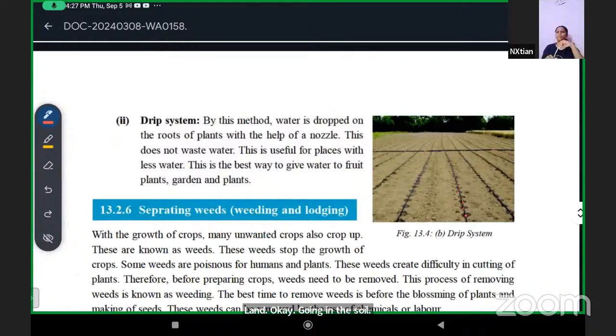Yes, ma'am. Once when I tried to make a drip system, I cut holes into the pipe, but the water didn't ever reach the top of the pipe. It didn't even reach the pipe. The motor was so weak, it didn't even let it go up. Okay, so you can take suggestions from Simeon on how to create that model.